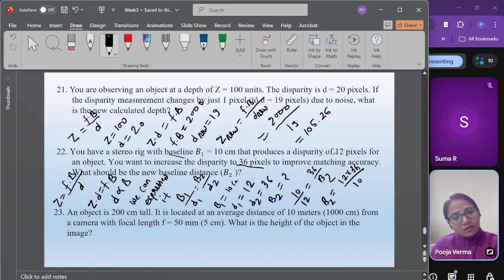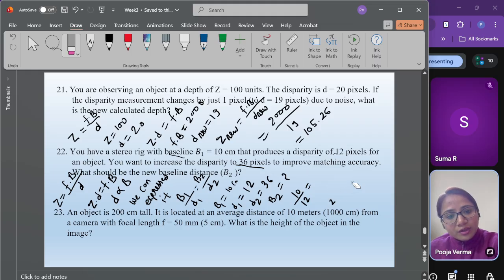Is it fine? Something is a bit wrong here. So, 10 by 12 equals B2 by 36, right?